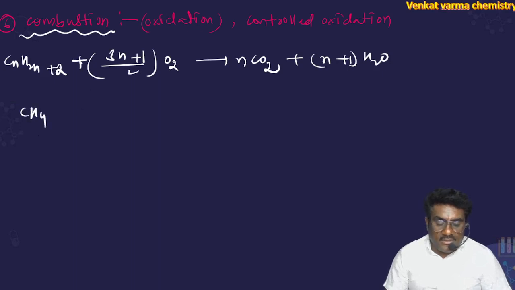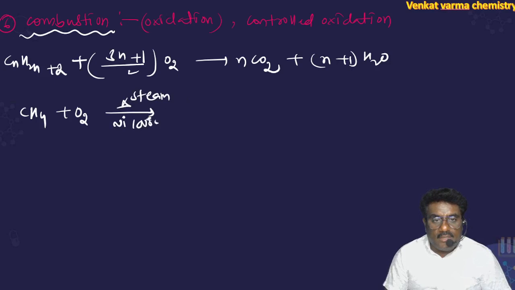For example, in partial oxidation, methane in presence of O2, heating in presence of nickel and steam at 1000 degrees Celsius, gives CO plus H2, carbon monoxide and hydrogen.